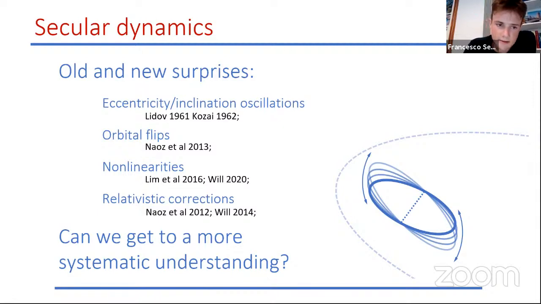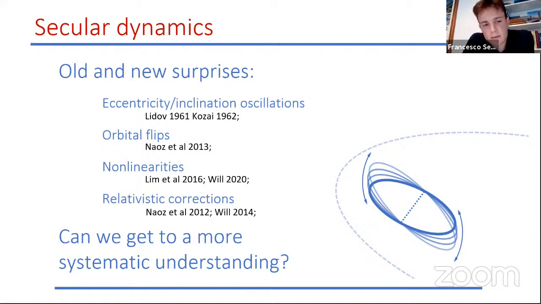Then more recently, it was found that higher orders in this perturbation theory can even cause orbital flips, which is what we were looking for to explain the retrograde exoplanets. So this is quite interesting.